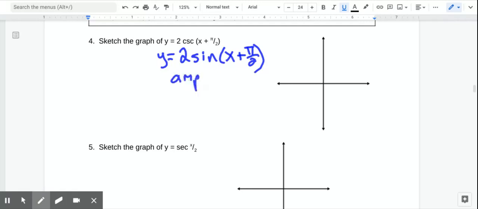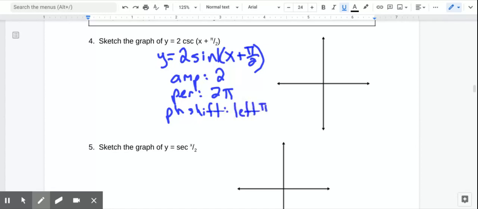So the amplitude, of course, is 2. The period is 2 pi divided by b, and b in this case is 1. We have a phase shift. We're going left pi over 2, and then there's no vertical shift.